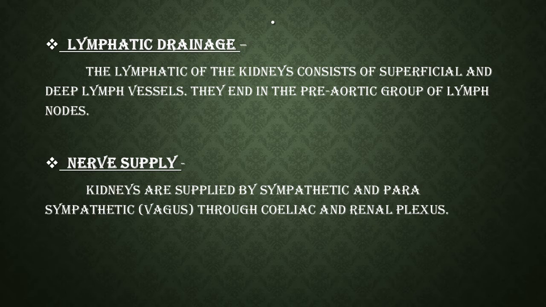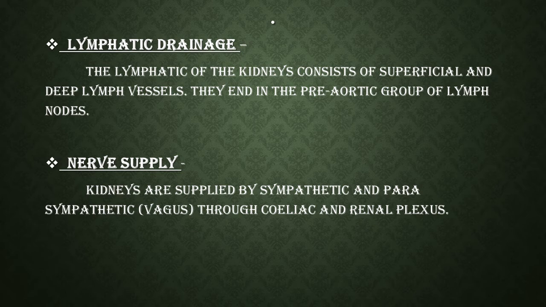The superficial lymph vessels lie in the true capsule of the kidney and communicate with the lymph spaces between the tubules of the kidney. They emerge at the hilum and end by joining with the deep lymphatics.